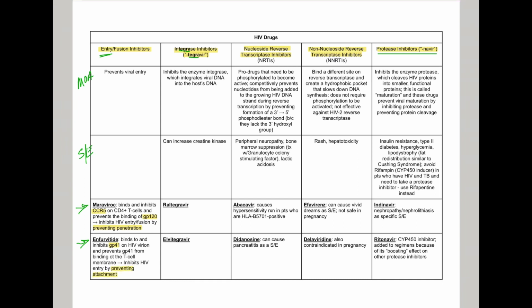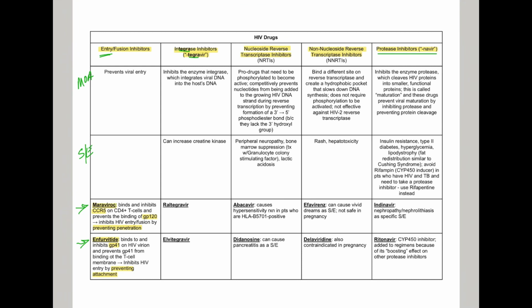So what I'm highlighting is what I believe you should make associations of: maraviroc and CCR5, and then preventing penetration under the entry fusion inhibitor category. Enfuvirtide binds to and inhibits GP41, prevents attachment. This is under entry and fusion inhibitors. So if you were to have, let's say, a flashcard, the things that are highlighted is what I would just put on the card. Keep it short.